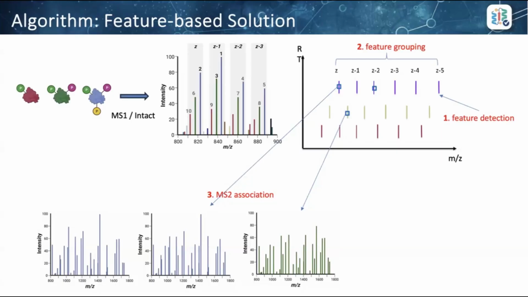For proteoform analysis, these feature groups represent candidate proteoforms. By associating mass spectra, identifications can be assigned to individual features or feature groups. Finally, relative quantification is performed based on the peak area of the detected features, enabling comparison across samples. So that is the algorithm basics.